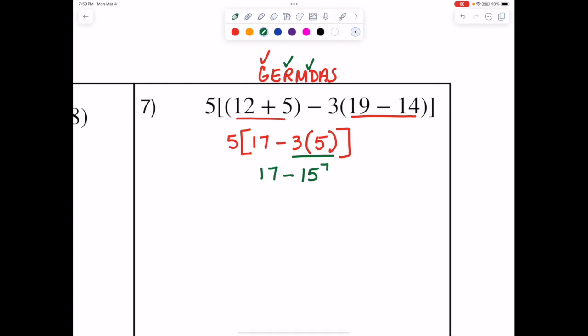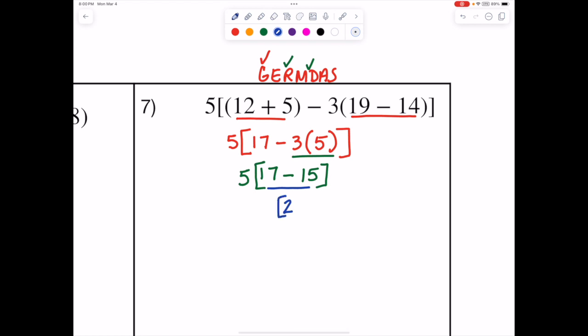Okay, and this is just around brackets. Okay, and we have a 5 on the outside. So what do we do now? Okay, technically, we still have some grouping to take care of now that the inside things are done. So we're going to take care of the 17 minus 15 first. Okay, and 17 minus 15 is 2.